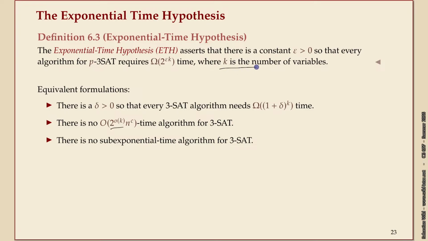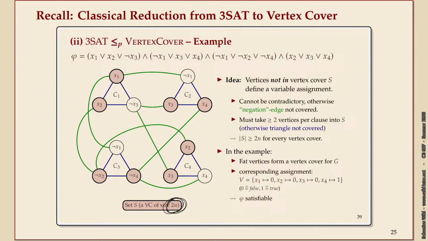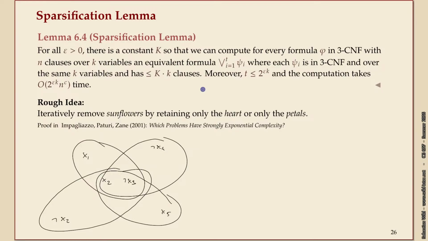It only considers the number of variables, but then it says it's exponential in the number of variables. With this sparsification lemma, we can take standard reductions like the one relating vertex cover and 3-SAT, even if they're only generating something in terms of the size of the formula, number of clauses, we can still use reductions against the exponential time hypothesis, because each of these psi's is sparse in the sense that the number of clauses and number of variables are the same up to constant factors.